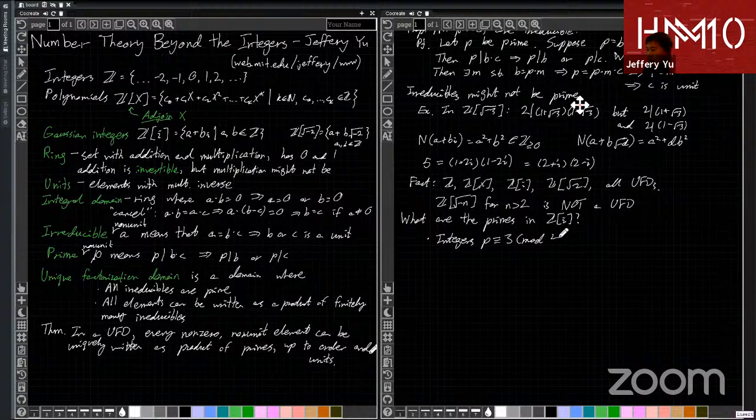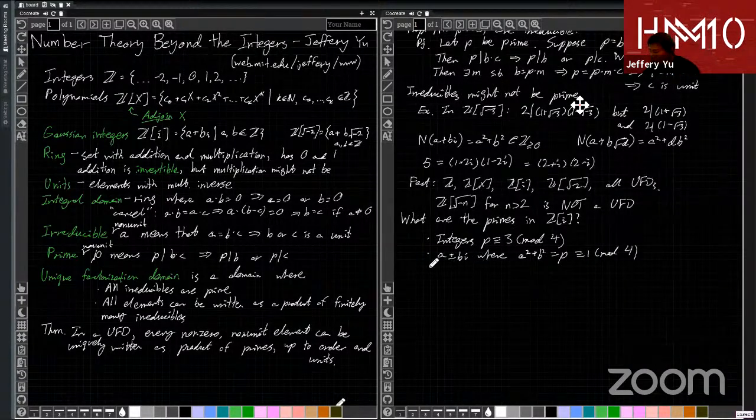It's primes p congruent to 3 mod 4. It's a plus or minus bi, where a squared plus b squared is equal to an integer prime. By looking at possible quadratic residues mod 4, this is always going to be 1 mod 4. And that's why we split up the 3 mod 4 condition.